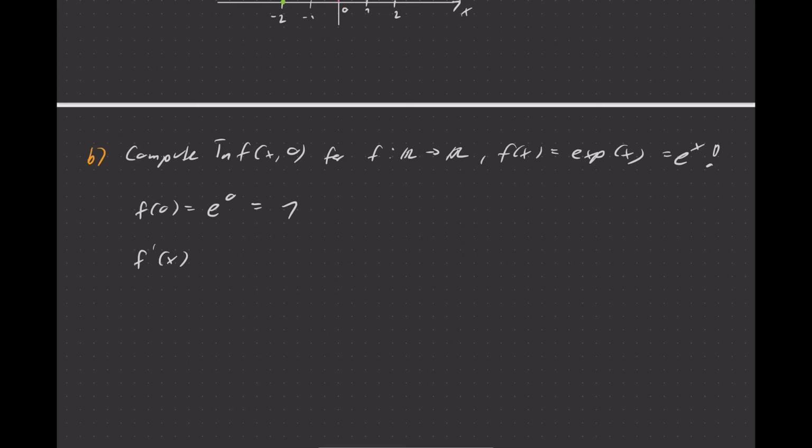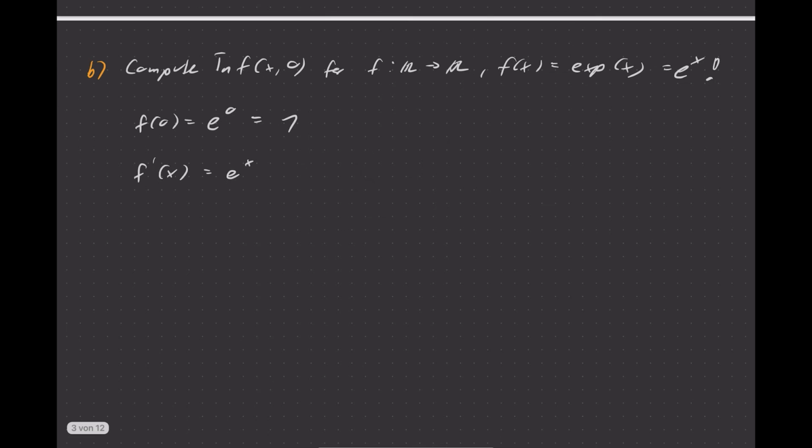And of course, f prime of x is again e to the power of x. So that's easy to do. And that also means we can compute arbitrary derivatives. So the kth derivative of f at a point x will again be e to the power of x.